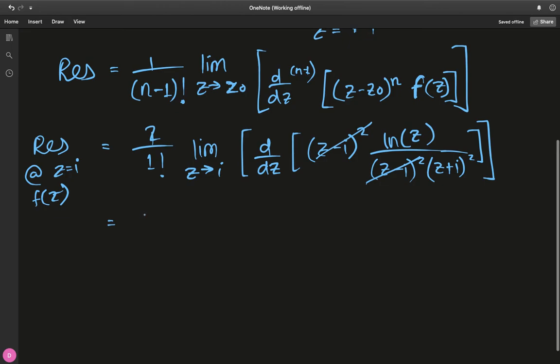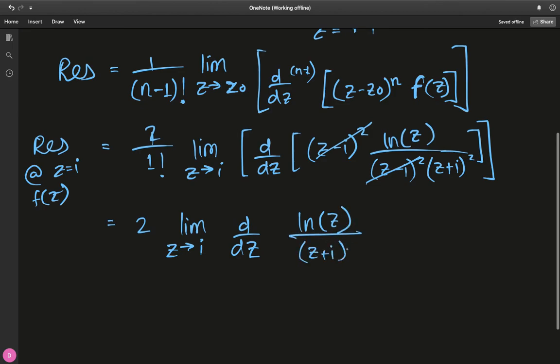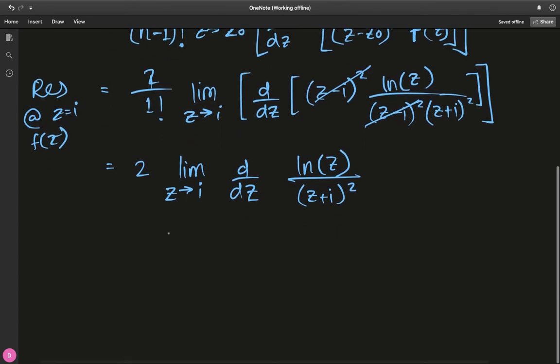And the best part is, well, these cancel out nicely. So we have 2 over 1 factorial, which is 2, times the limit as z goes to I of the first derivative of natural log of z divided by z plus I squared. So we'll have to use the quotient rule now for this.